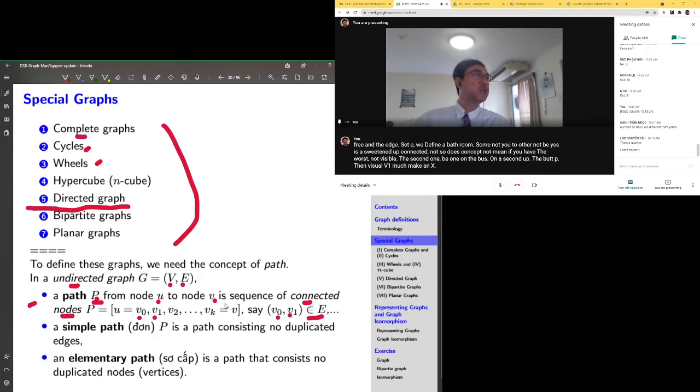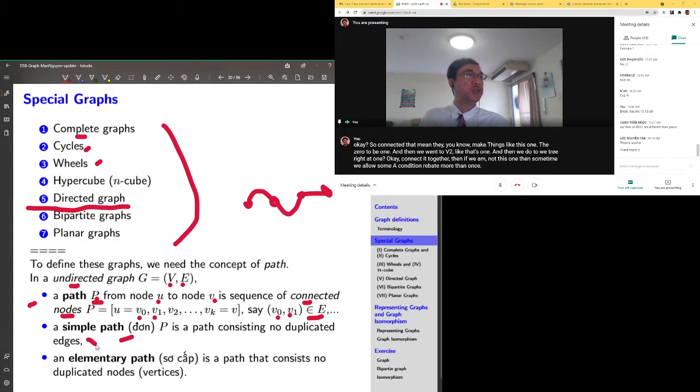Okay, so connected means they make things like this one, V0 to V1, and then V1 to V2, like that one, and then V2 to V3, like that one. Okay, connected together.